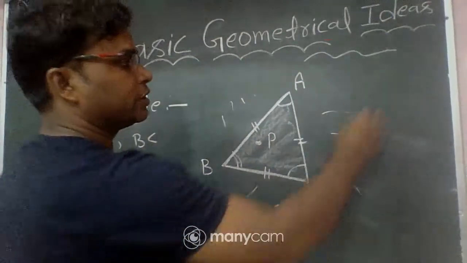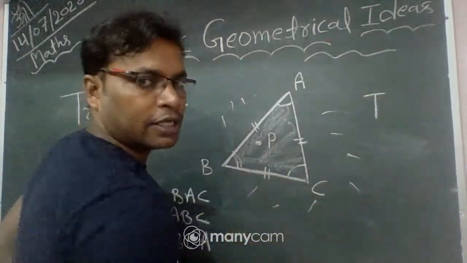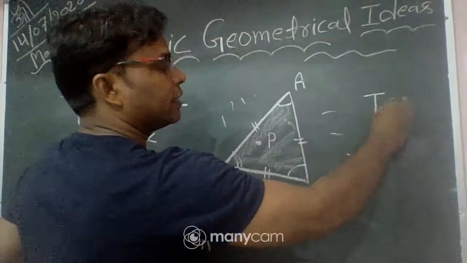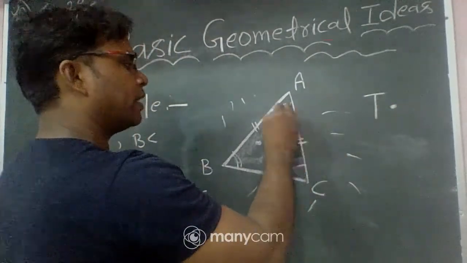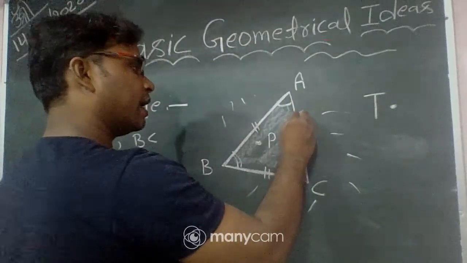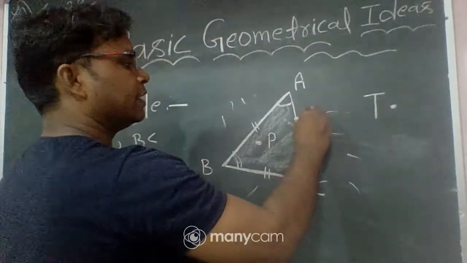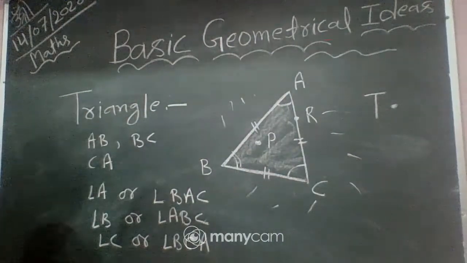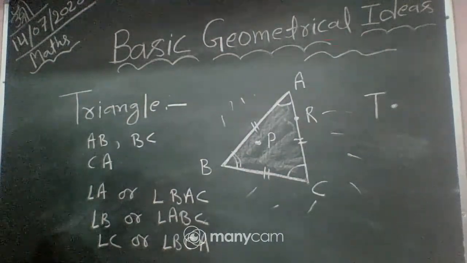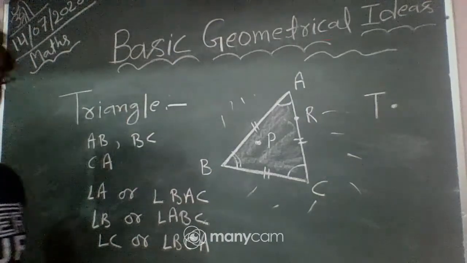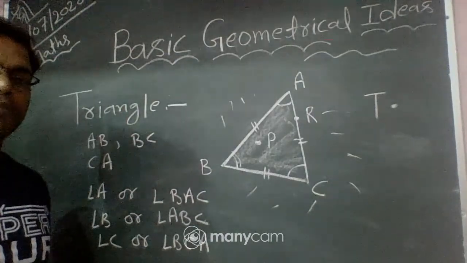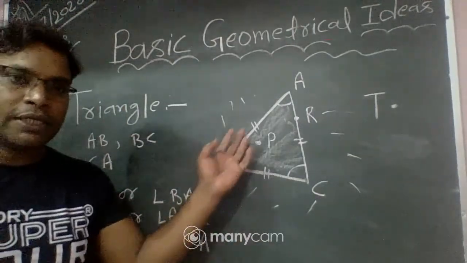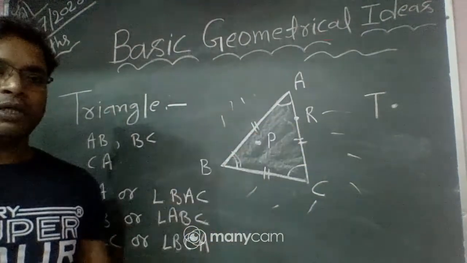Suppose T is outside the triangle, it is called an exterior point. Any point R on the line is called a boundary point. Students, I hope all of you understood what triangles are, how many sides, angles, and vertices a triangle has, and what the exterior point, interior point, and boundary point of a triangle are.